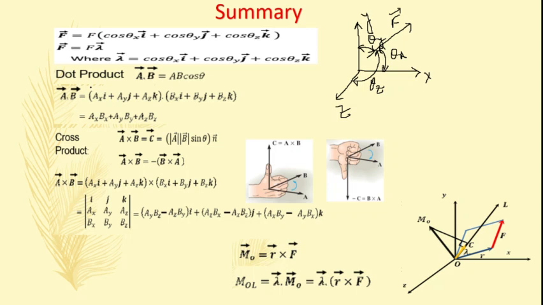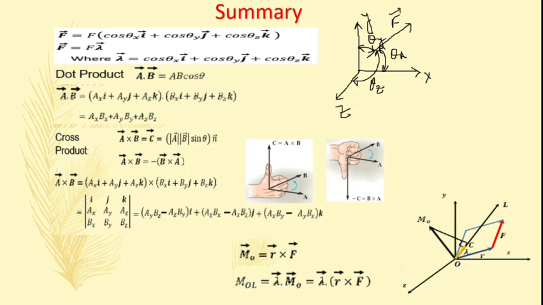We also learned what the dot product is and why we take it. The dot product a dot b is a scalar quantity, equal to ab cos theta, where theta is the angle between the two vectors. This equation is applicable to find the angle between two vectors.